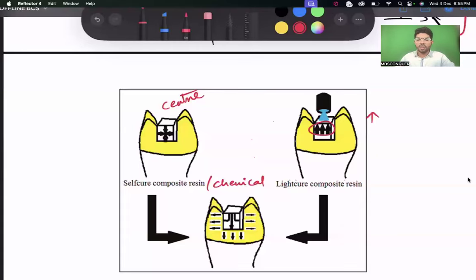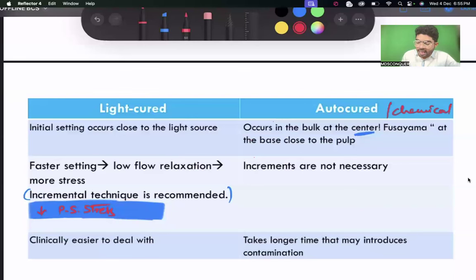So these are the basic differences between light cure and auto cure. Auto cure is nothing but chemical cure or self-cure. Initial setting occurs close towards the light, whereas in the case of auto cure and chemical cure, it occurs in the center of the restoration.